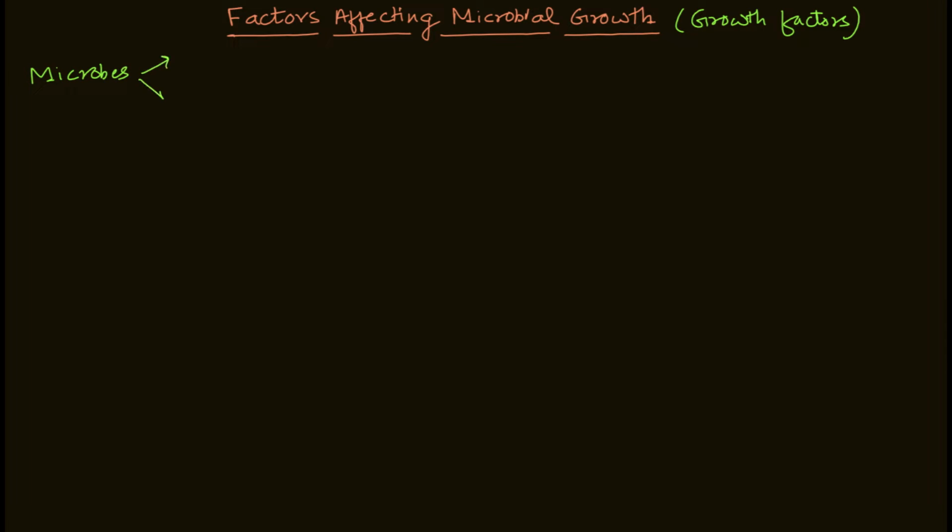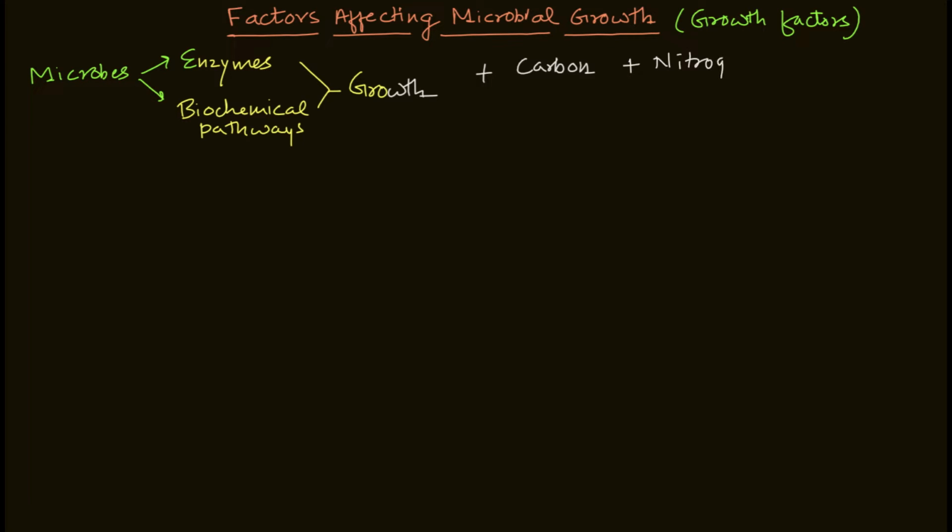To understand that, we need to understand that microbes require enzymes, and enzymes carry out various biochemical reactions for the growth of the microbe. So, this is the simple phenomenon that is getting repeated for the growth of the microbe. And for that, you need various nutrients.